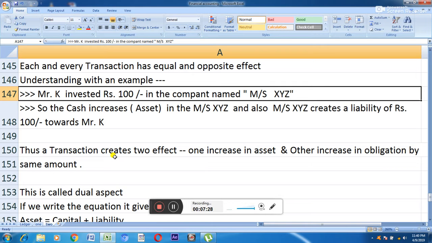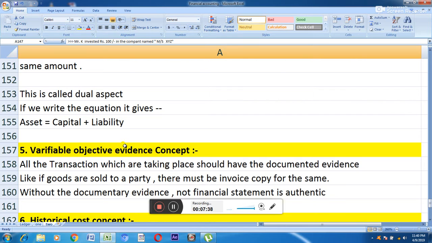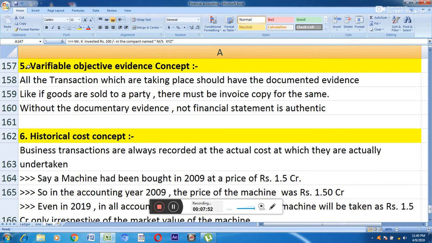In any transaction there are two effects. One is increase of the asset, other is increase in the liability. This is called the dual aspect. If we write it in an equation form, then it comes that asset is equal to owner's capital or owner's equity plus liability.